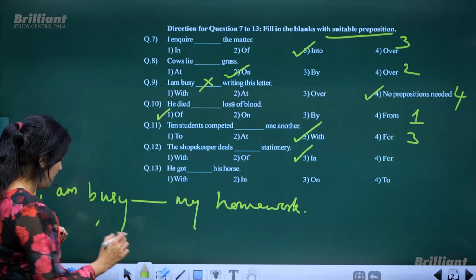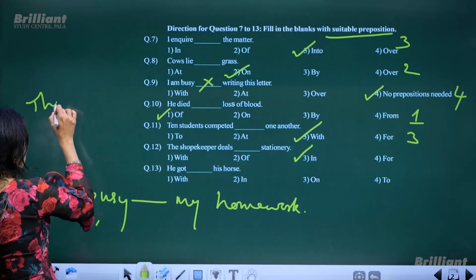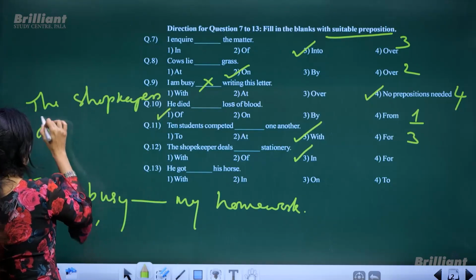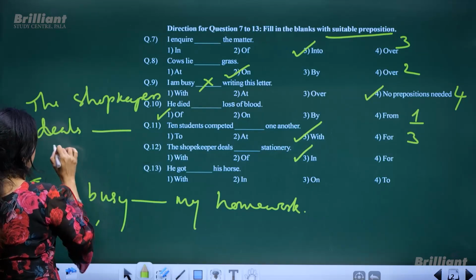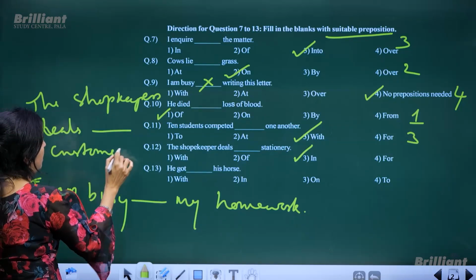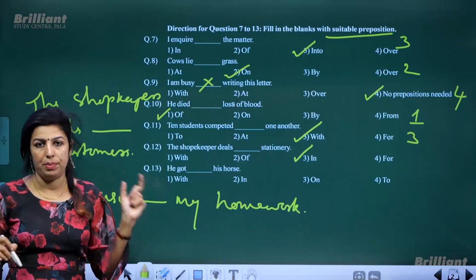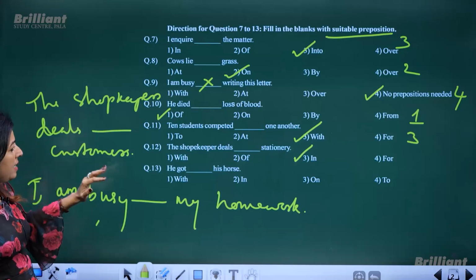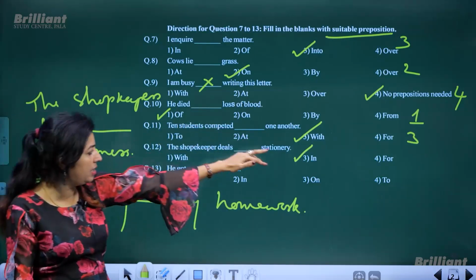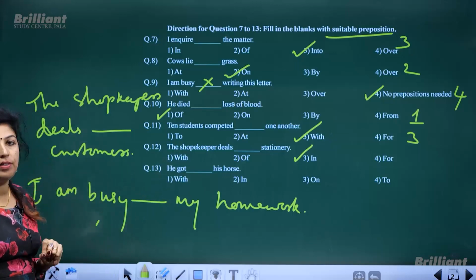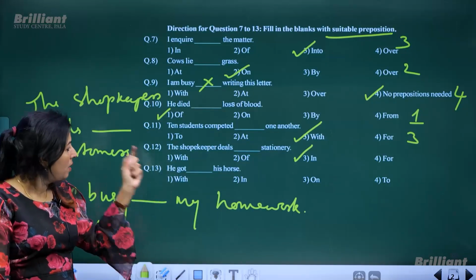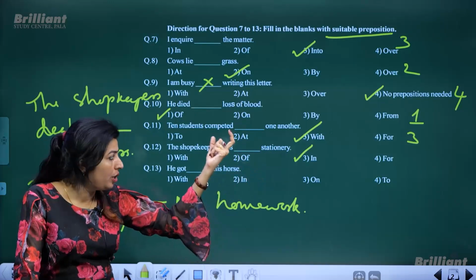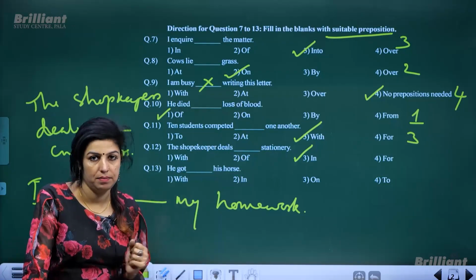The shopkeeper deals dash customers, person or people. In case it is customers, not stationery, you could have chosen "with". But since people are not given, instead items or things are given, you cannot use "with" but "in".